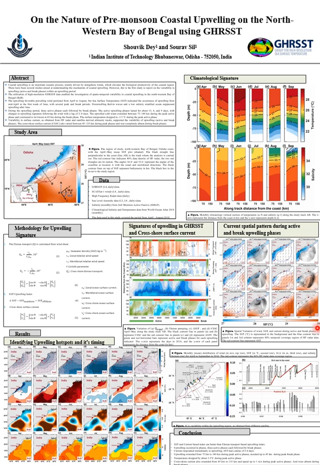In this analysis, we have found that during active upwelling phases, a strong cross-shore surface current is formed, as you can see in these three figures during the three active phases, and it is absent during break phases. As you can see in this fourth column during break phases, those strong cross-shore currents are absent. And the wind is alongshore during active phases and is not perfectly aligned with the coast during the break phases.